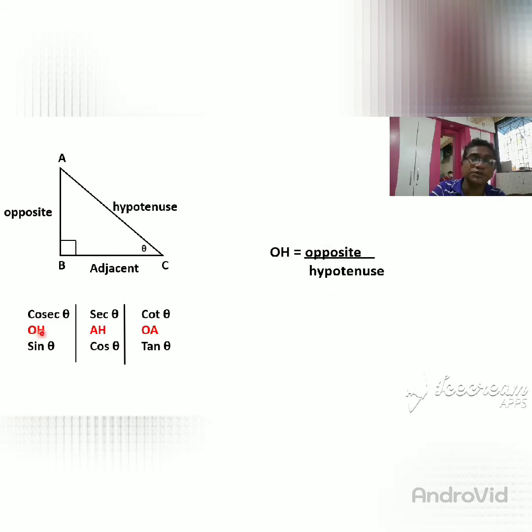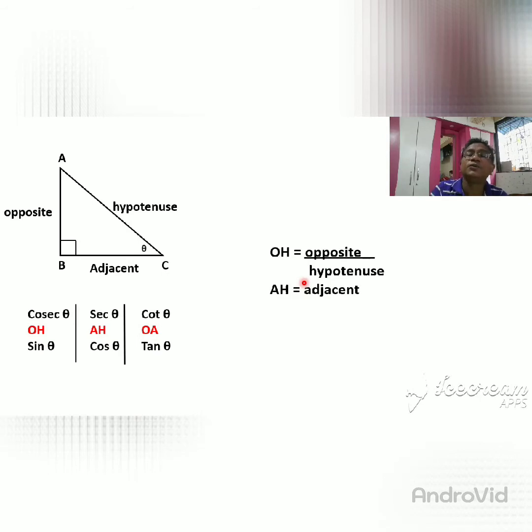You must remember this, and that is why I am writing it here. Because after 15 days or 30 days you may forget what is OH, what is HA, what is OA. So I am writing here: what is OH? OH means opposite divided by hypotenuse.